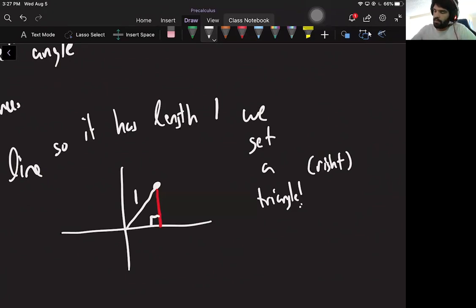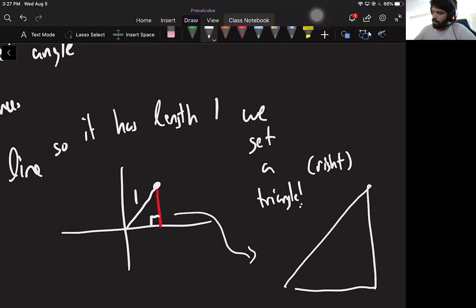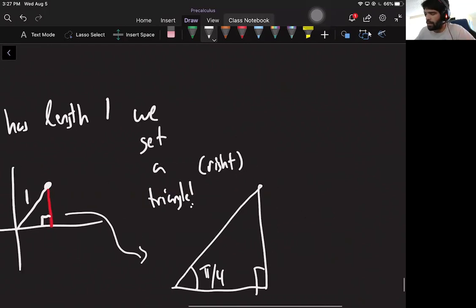And if you remember what happens with triangles, the total angle has to add up to 180, aka pi. And so that means if this is pi over 4, aka 45, it's got to be a 45, 45, 90 triangle to add up to 180.